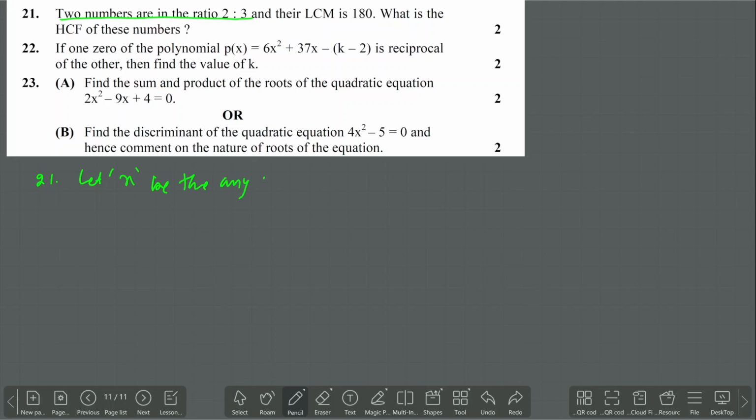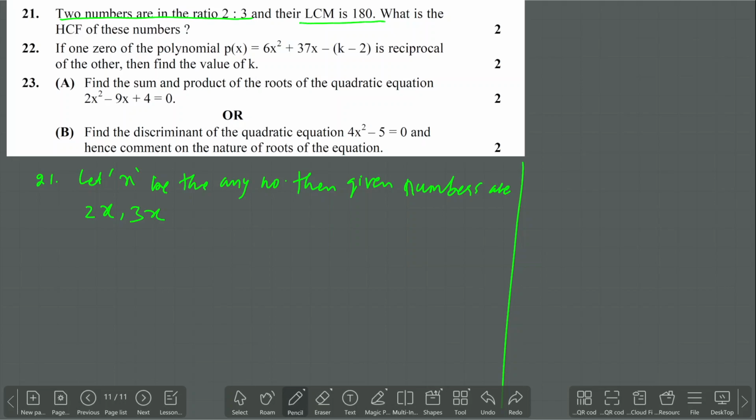Then the given numbers are, how will it come? 2x, 3x. Like that it will come, am I right?